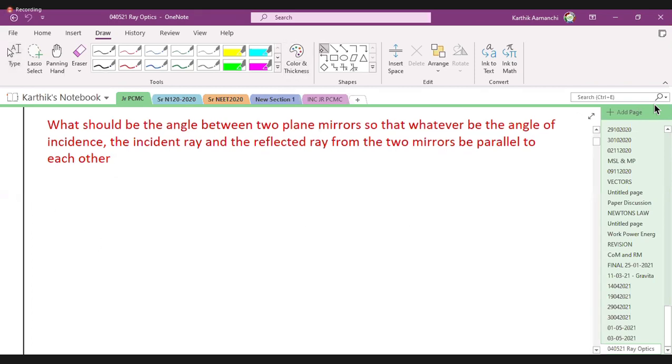See, I'm going to take one mirror, which is like this, and another mirror. I'm saying these make an angle theta. Clear? Now, there is a ray which is coming and hitting here.